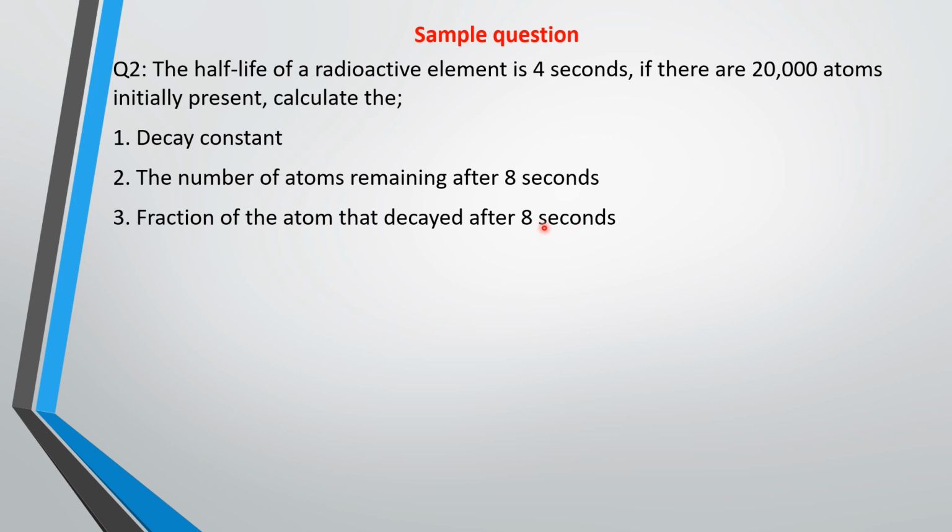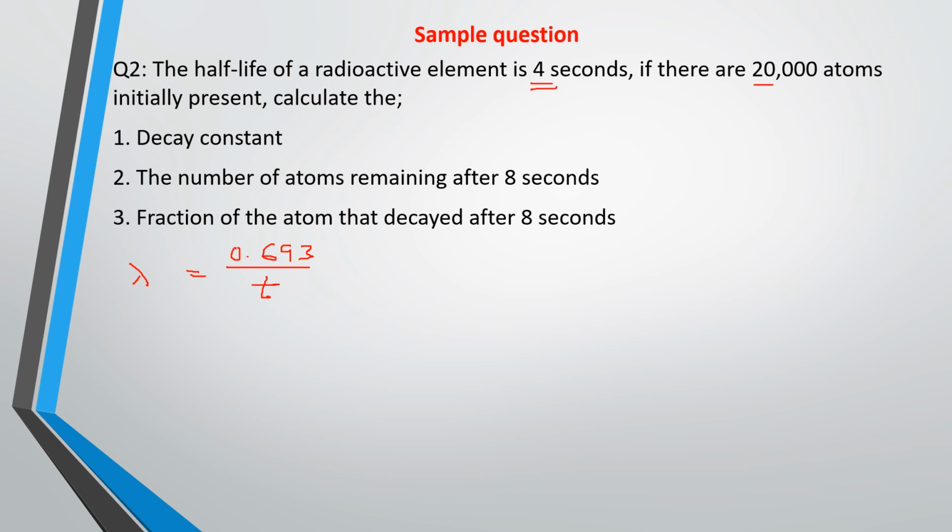Okay, so decay constant from the equation we are given. In this particular question, you are given time and quantity of substance, and we said that the decay constant is equal to 0.693 all over T. So T is given to you to be 4 seconds.